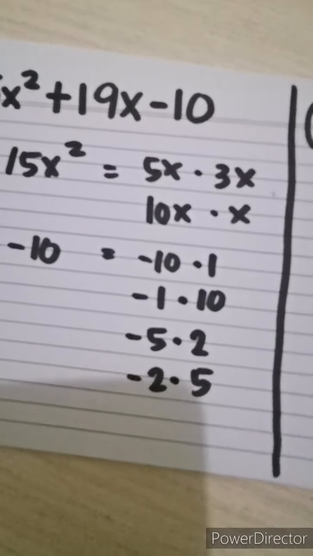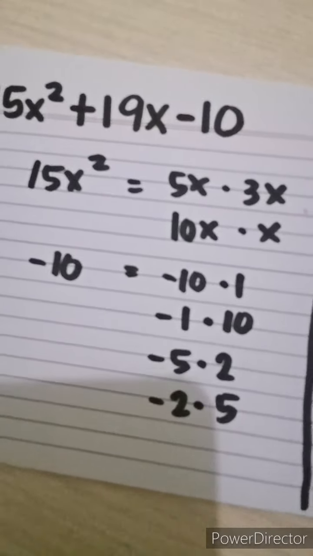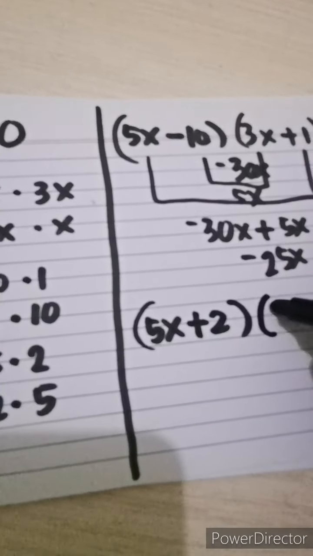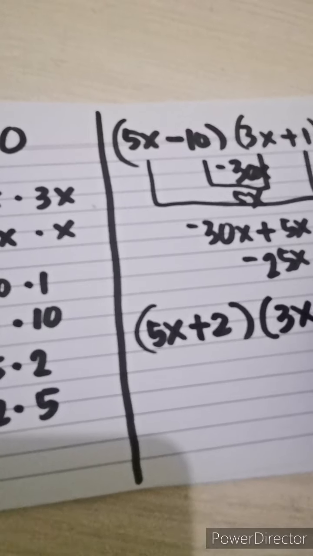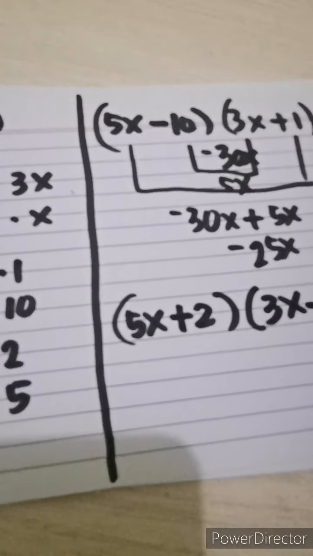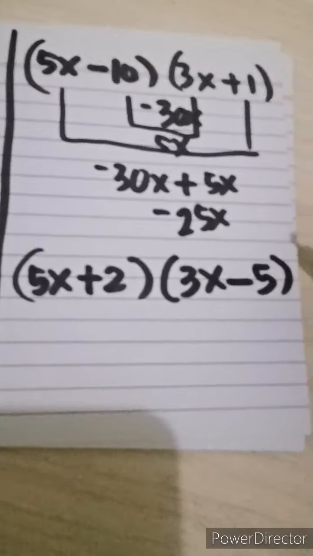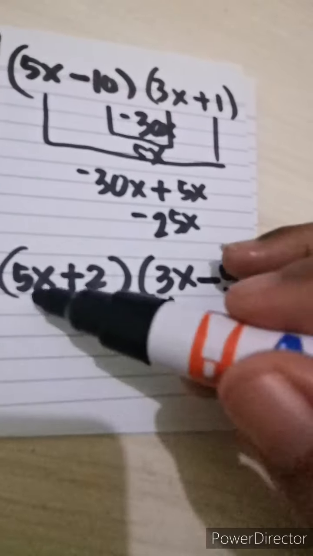Okay. So, let's start again, another trial. So, let us use 5x plus 2 and 3x minus 5. So, hanapin natin. So, 5x plus 2, 3x minus 5. So, this is 6x.